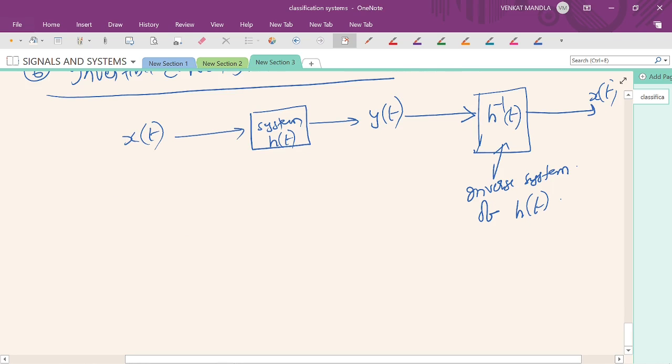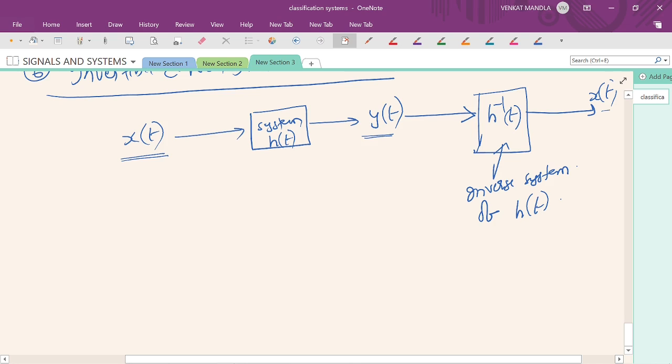If an inverse system exists for a system h of t, then the system is said to be an invertible system. That is, if I apply x of t as the input to the system, I get some y of t as the output. From y of t, is it possible to get x of t again?